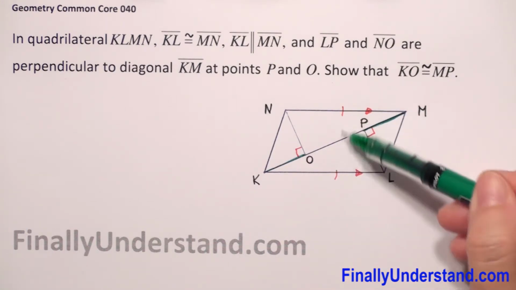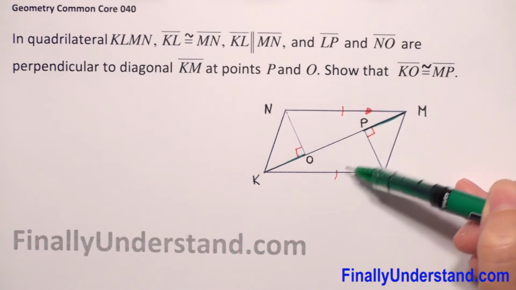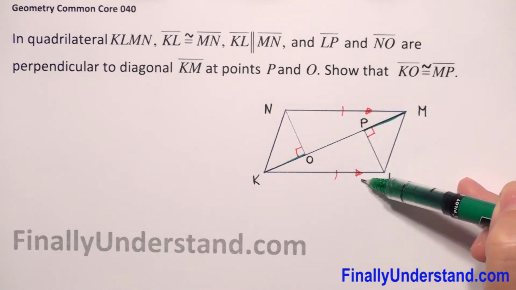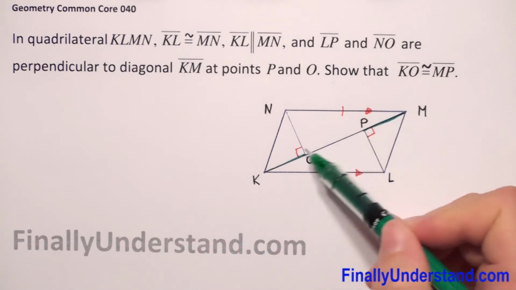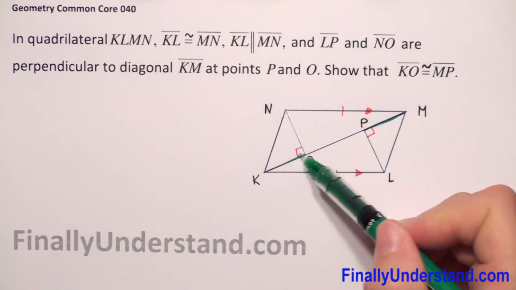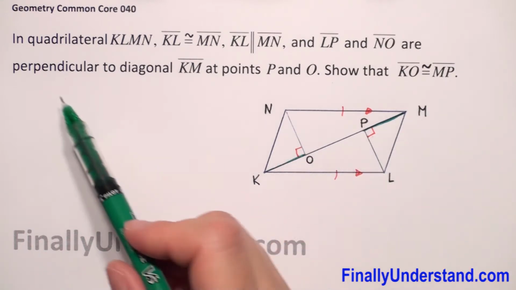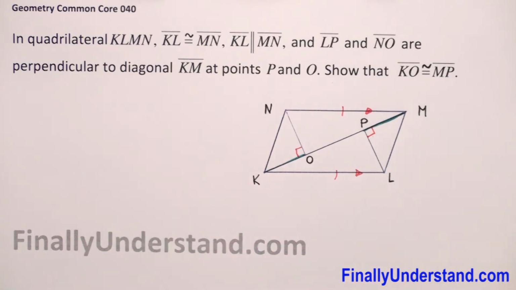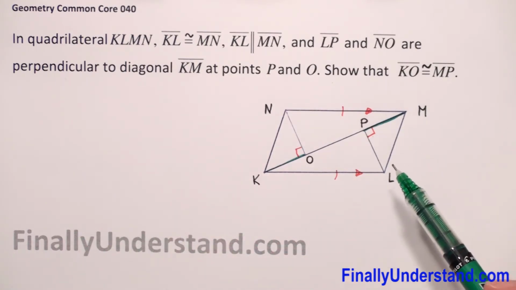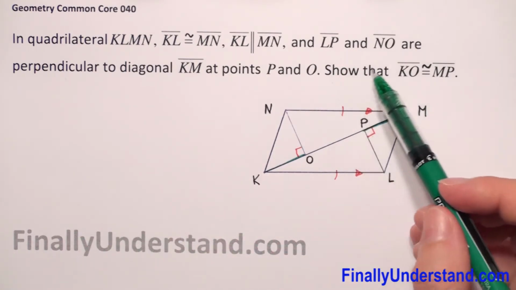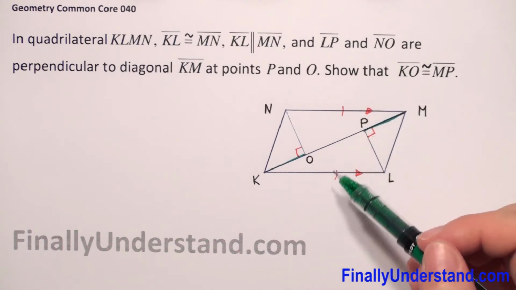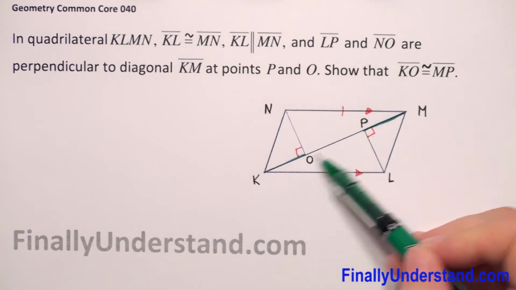These two line segments are congruent and parallel, and these two angles are 90 degree angles because they are perpendicular to diagonal KM, because segments LP and NO are perpendicular to diagonal KM.